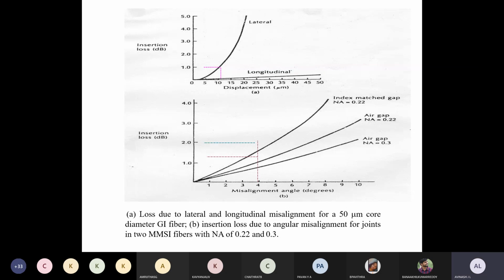Fourteen students have raised their hands. 15 now. 16 now.